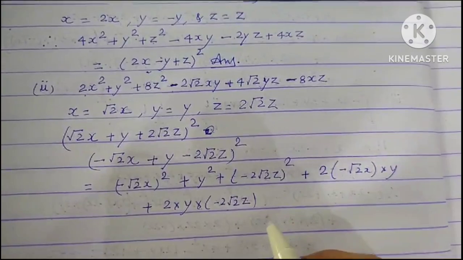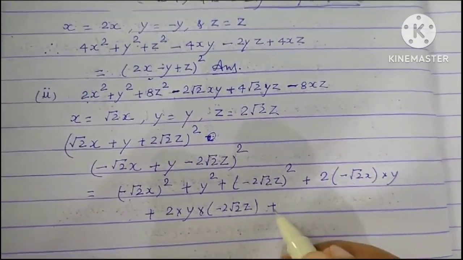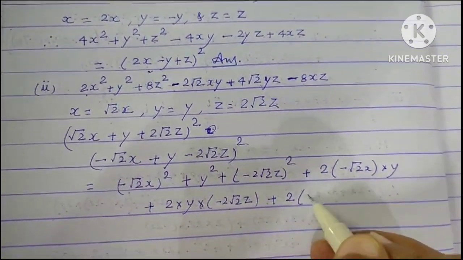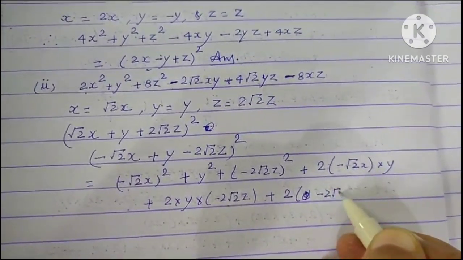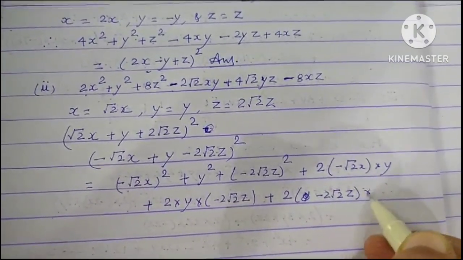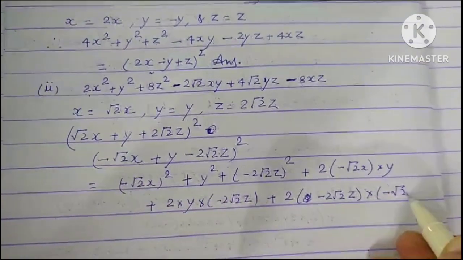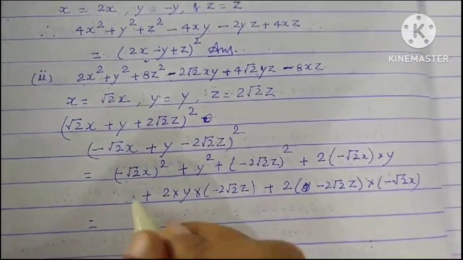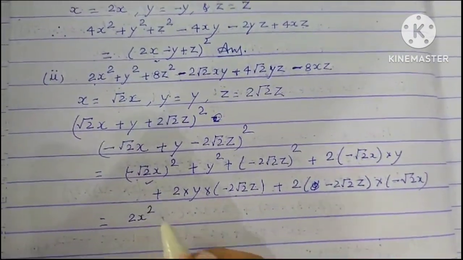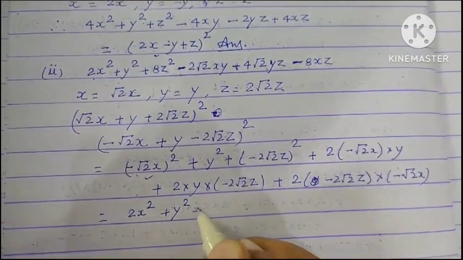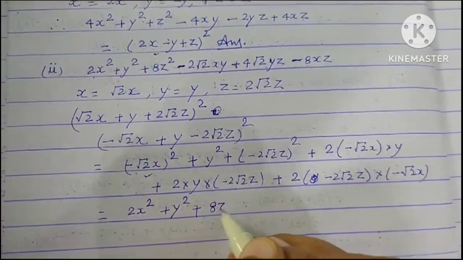And plus 2 into y, minus 2 root 2z into minus root 2x. So here it will come plus, that means 2x square plus y square and plus 8z square.